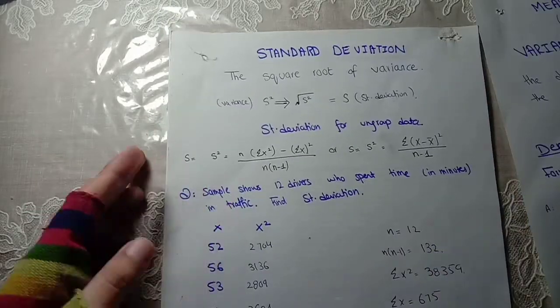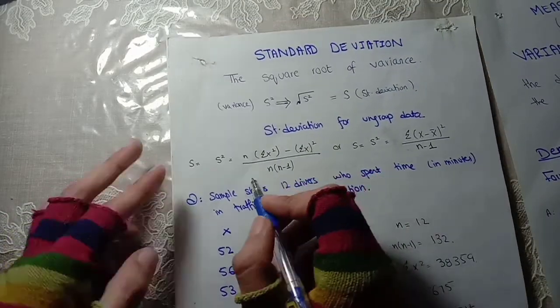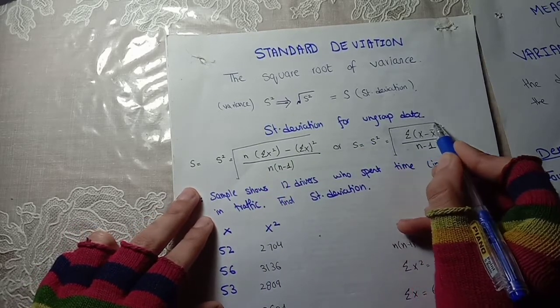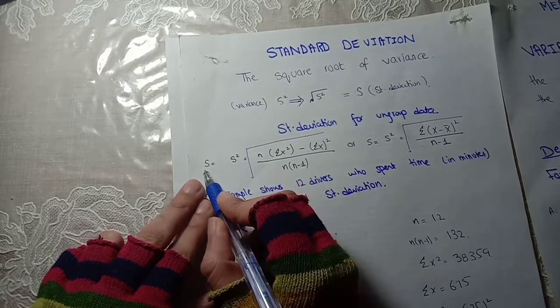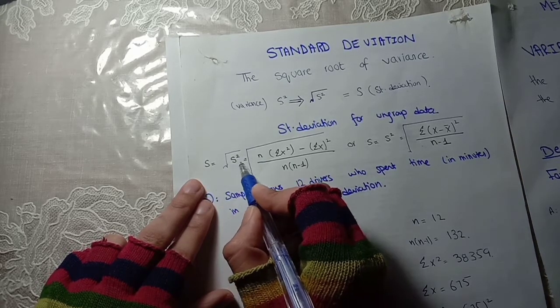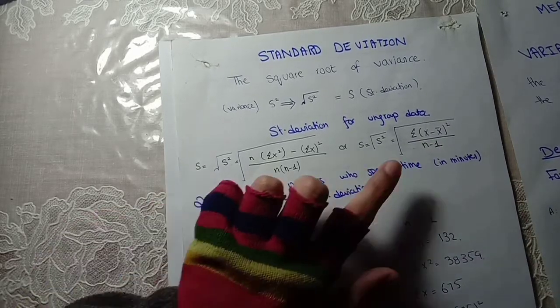What we have to do is write the formula of variance and simply take the square root of it. Standard deviation is denoted by s, so it is the square root of variance, the square root of s square. These are the formulas for standard deviation.